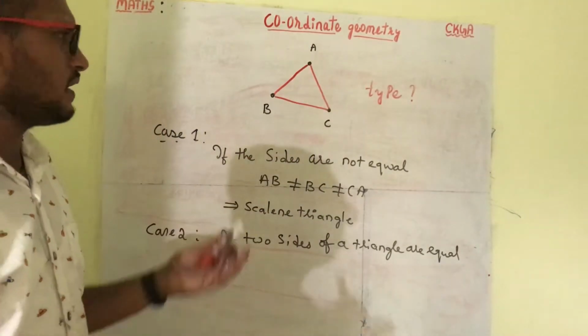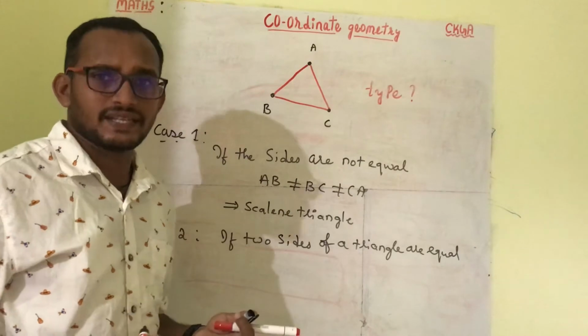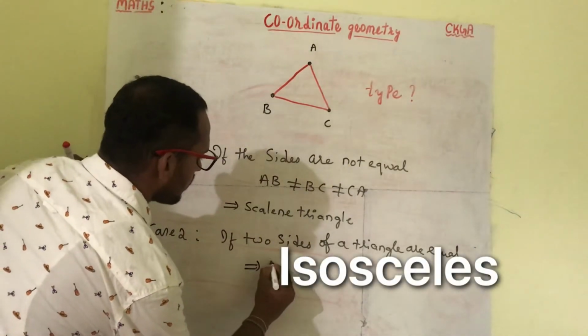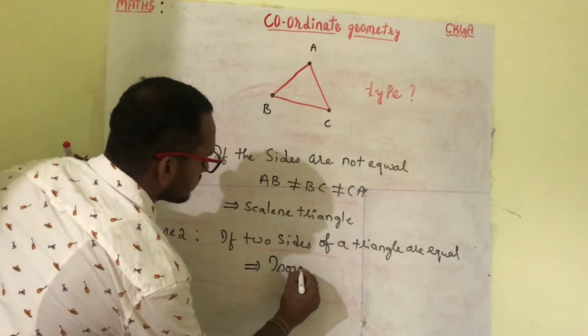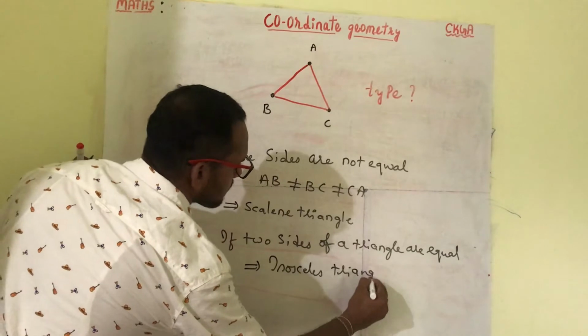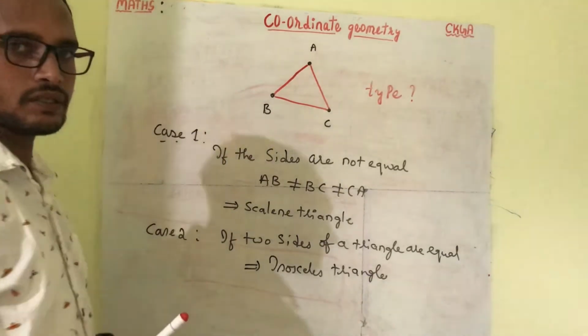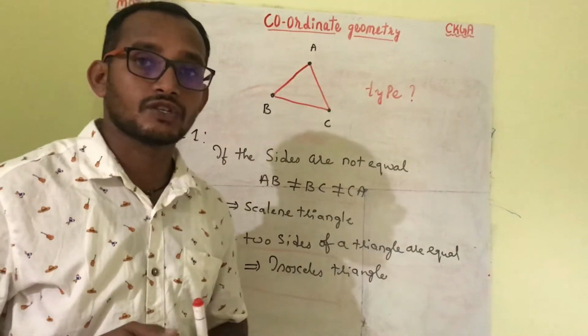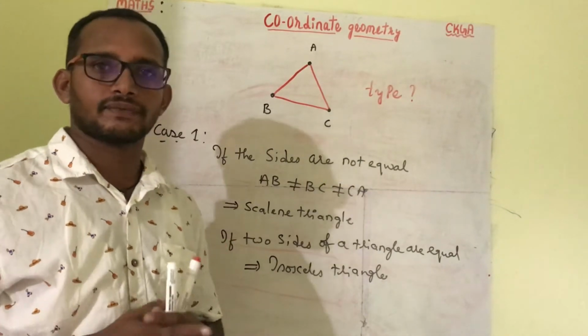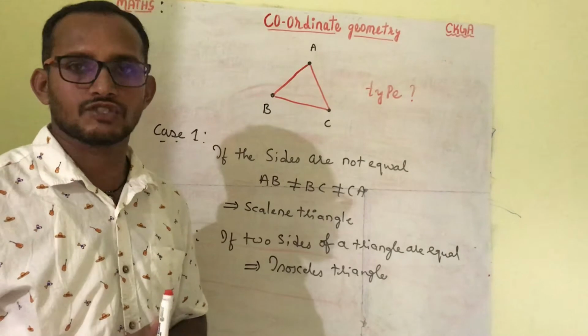You just find the three sides. If two sides are equal, the given triangle will be an isosceles triangle. So this is the condition. How do you check whether the triangle is isosceles? You need to find the three different distances and check whether two sides are equal.